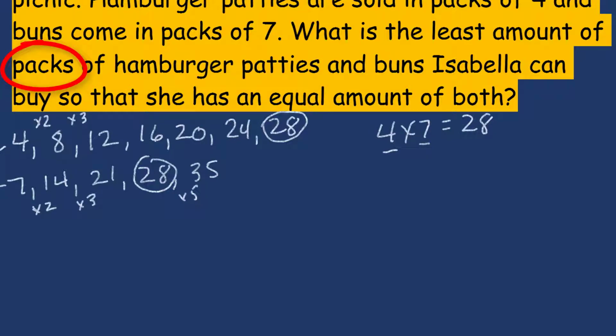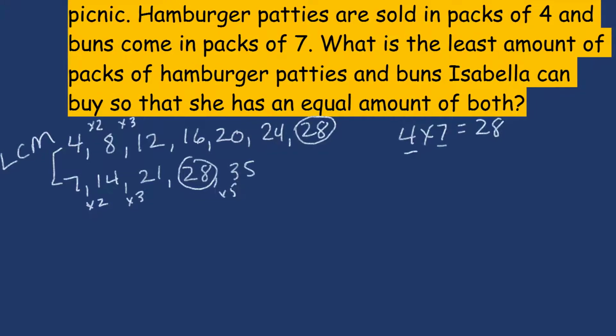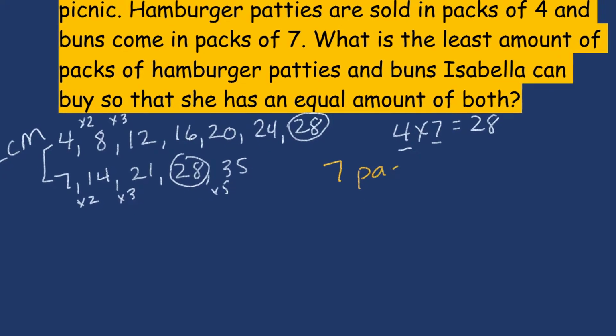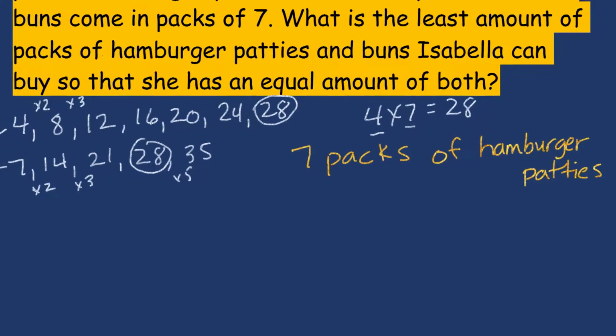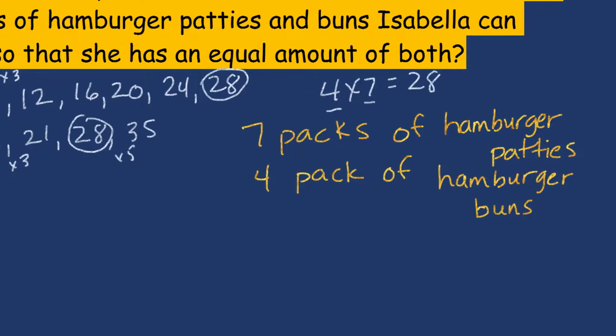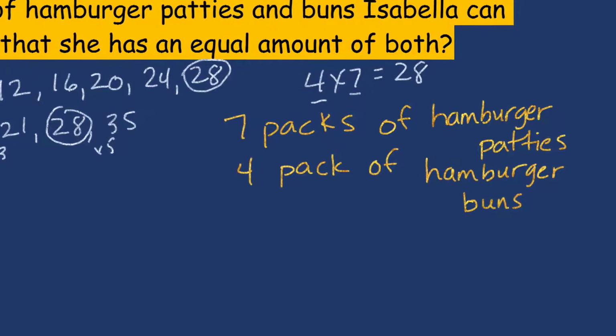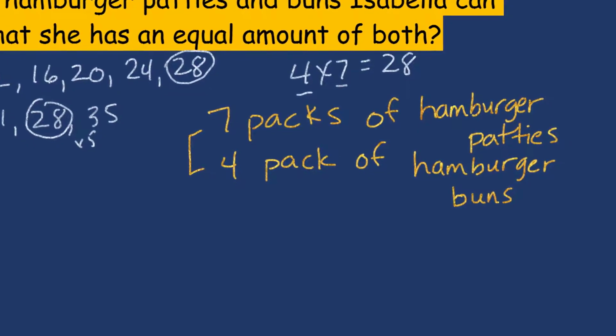Well, we can look at our problem here and see that for the hamburger patties, we had 4, 8, 12, 16, 20, 24, to 28. That was 7 packs. We would need 7 packs of hamburger patties, and we would need 4 packs of hamburger buns. So the least amount, if we add them together, would be 11 packs. Let me write this into a statement.